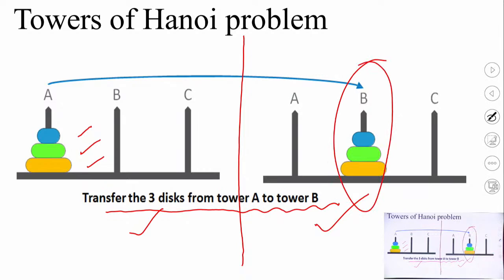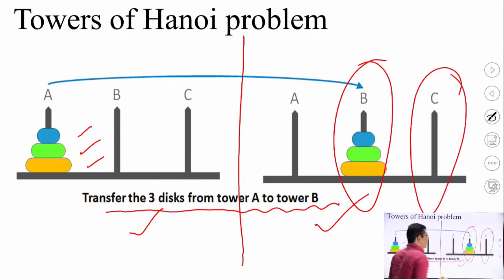This is the required output. I need to transfer the disks in the same order, with the largest disk at the bottom, the smallest disk at the top and the medium size disk in between. You need to convert from this state to this state with the help of this third tower C. It can work as a temporary buffer.